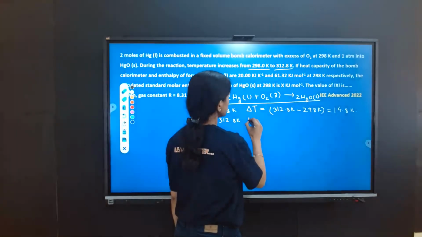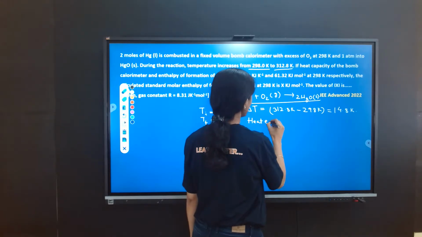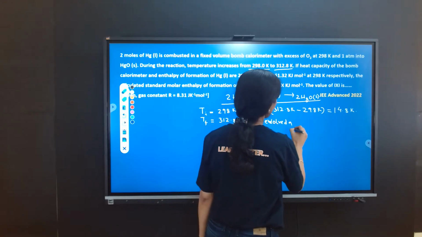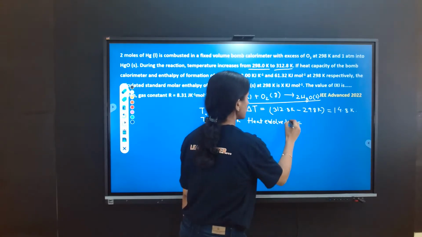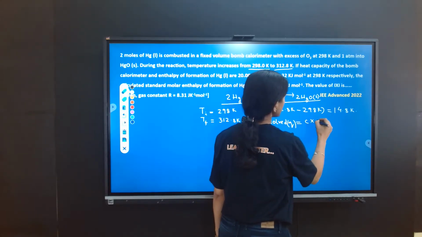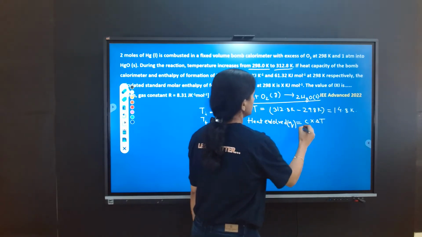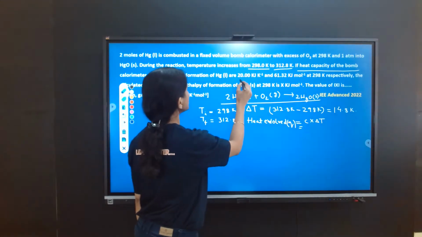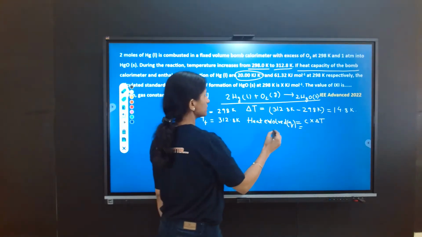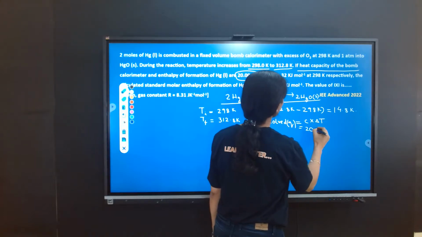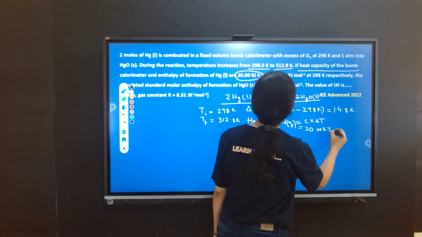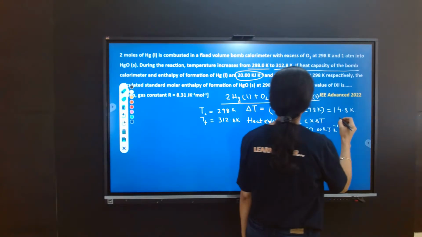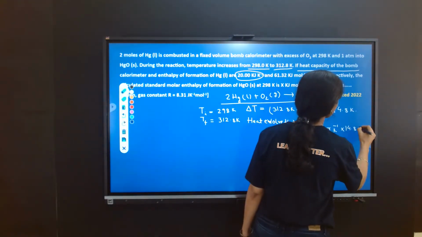And also we know the heat energy which is evolved during this reaction can be written in the following form, that is Q is equal to C times delta T. C is nothing but your heat capacity of the calorimeter, which is given as 20.00 kilojoule per Kelvin, and delta T we have calculated as 14.8 Kelvin.